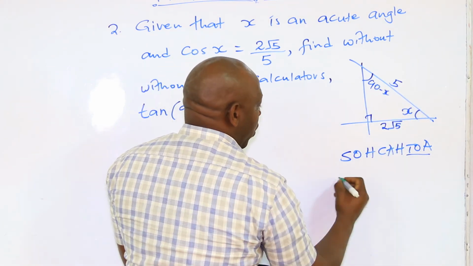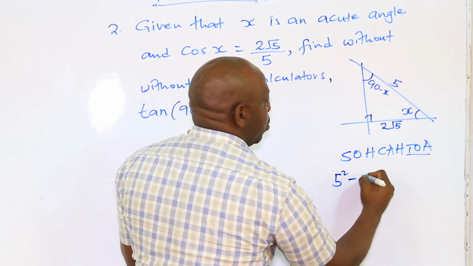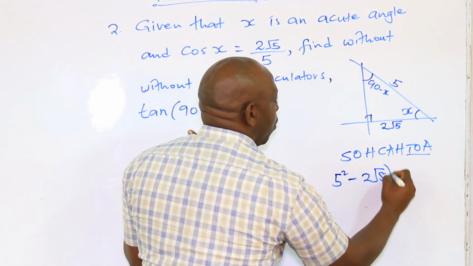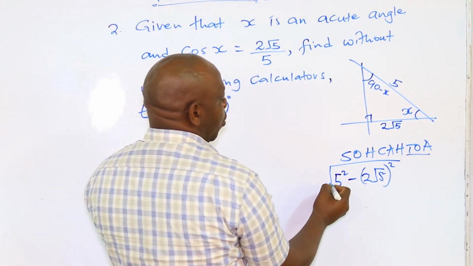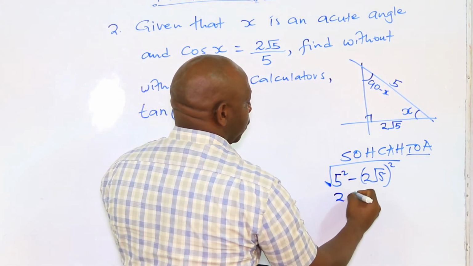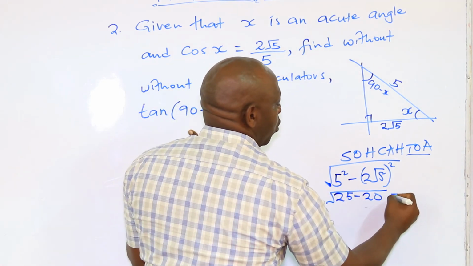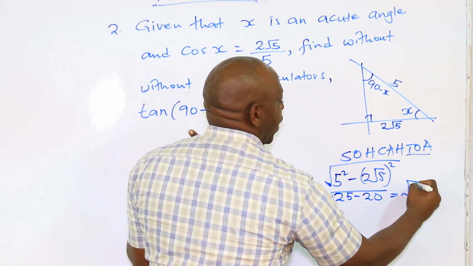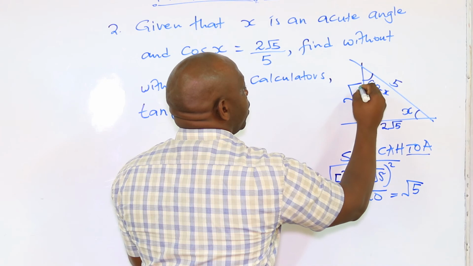This is hypotenuse, so we say 5 squared minus 2 root 5, all this squared, then square root, and this will give us 25 minus 20, which is equal to root 5. So this side here is root 5.